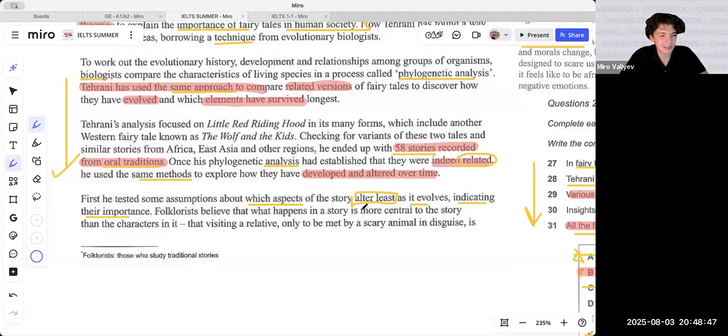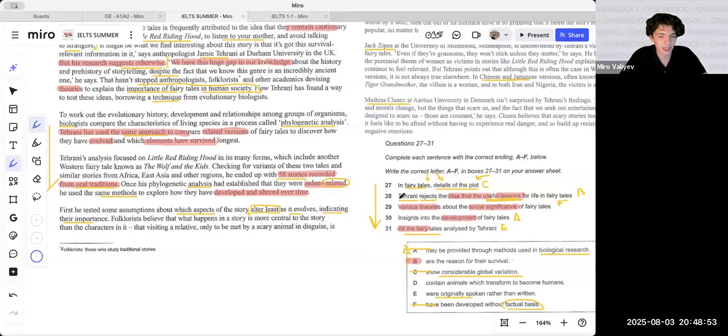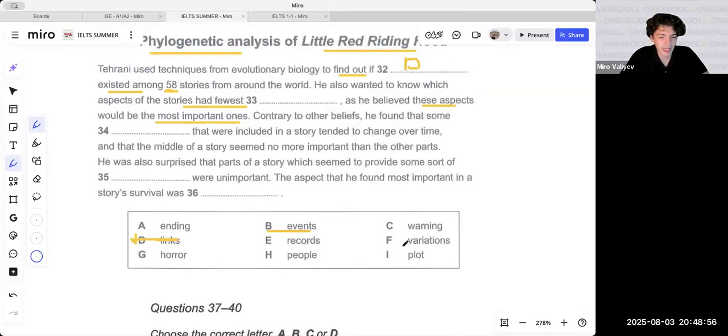You see, altered least. Alter means change, or another synonym would be variations, from the word variety. So he wanted to know which aspects of the stories had fewest variations, as he believed those parts that didn't change would be the most important ones. So he was looking for those that altered least, yeah.